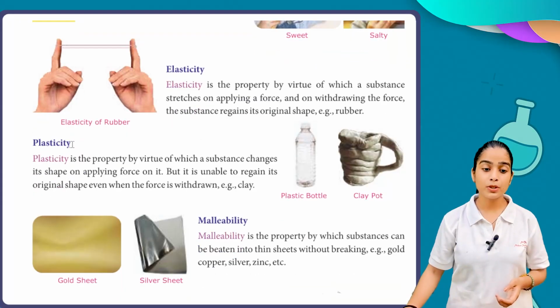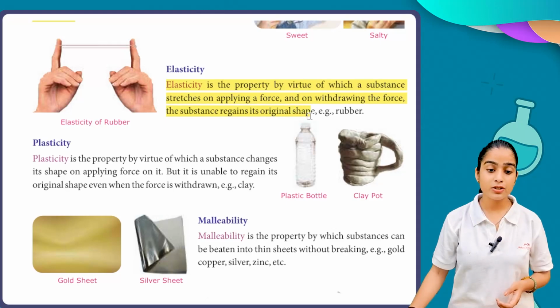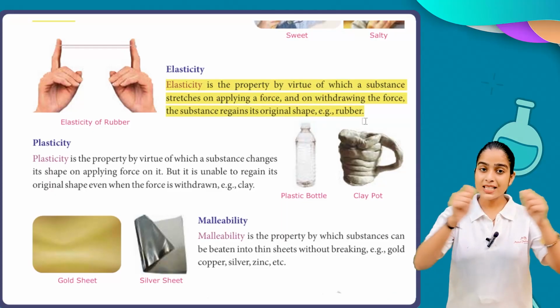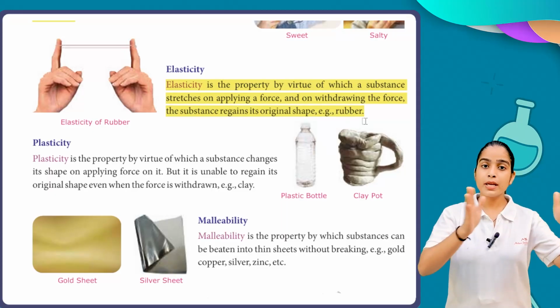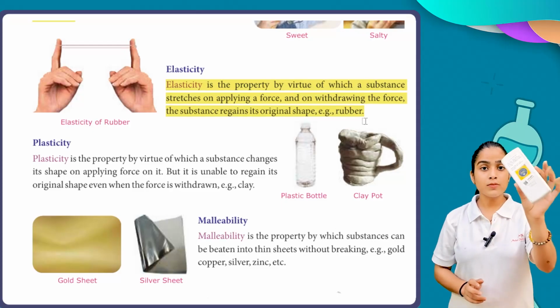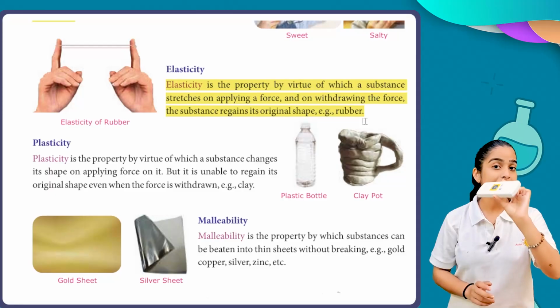Elasticity is the property by virtue of which a substance stretches on applying a force, and on withdrawing the force, the substance regains its original position or original shape, example rubber. So when I stretch it and when I stop stretching, it returns to its original shape, that is referred to as elasticity. So this remote is not elastic because it does not have elasticity.